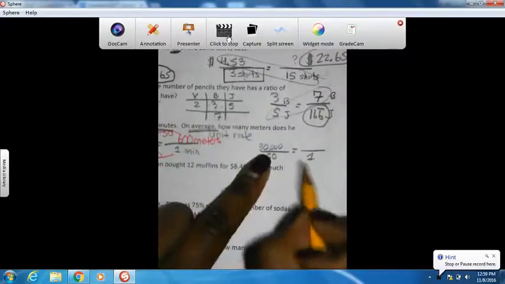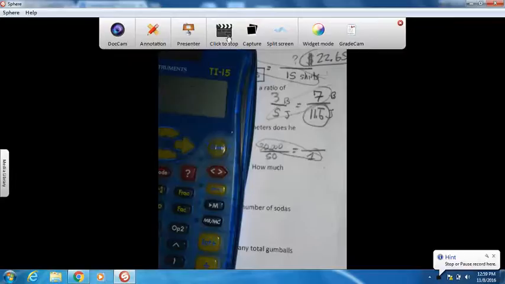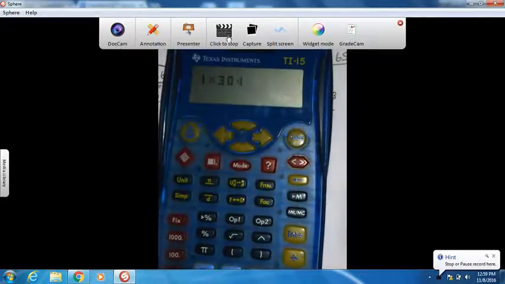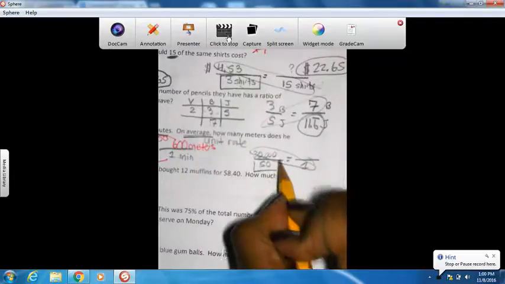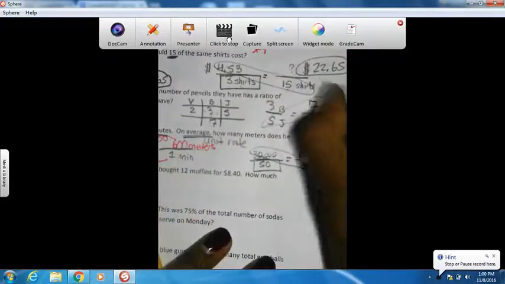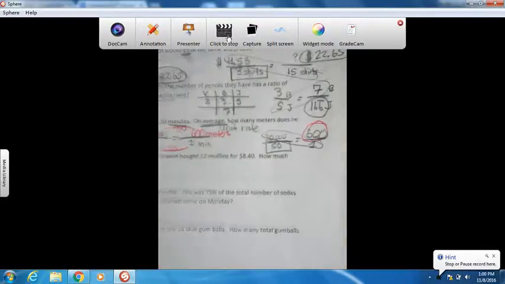So 1 times 30,000, cross multiply, 1 times 30,000, and then you divide by the lonely number, which would have been 50, and that would have still given you 600. Okay? Let's take a look at number 14.